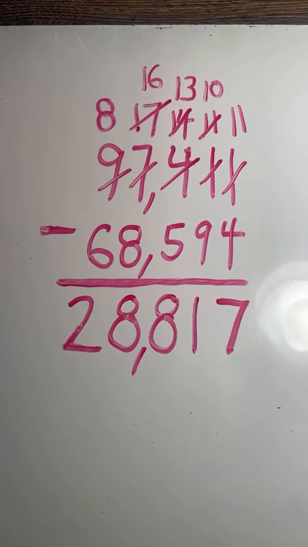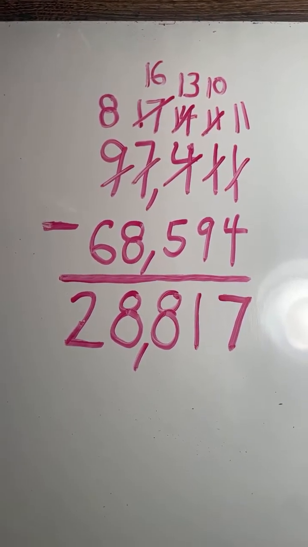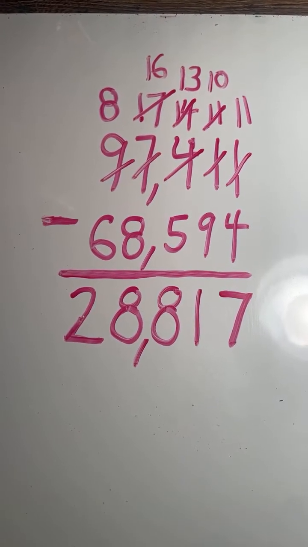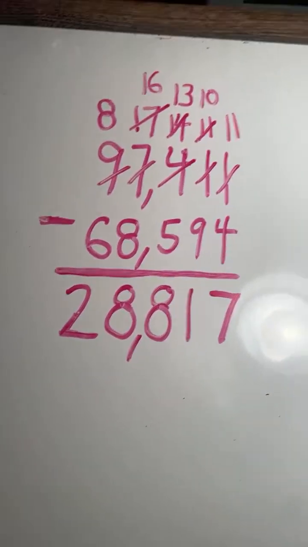And we have our final answer, 97,411 minus 68,594 equals 28,817.